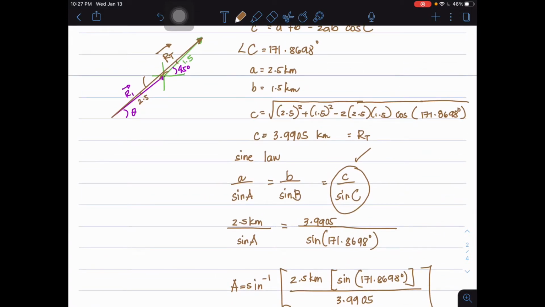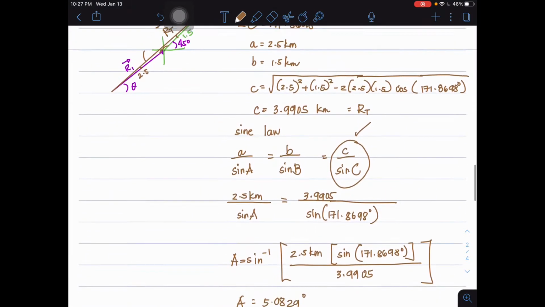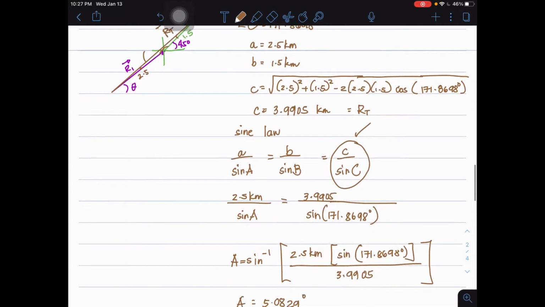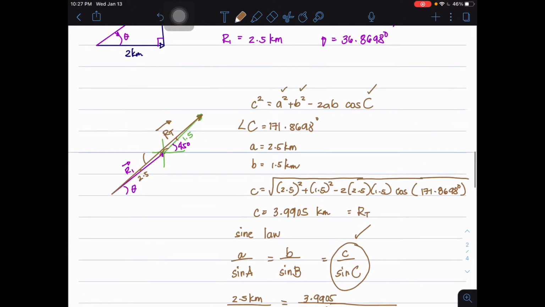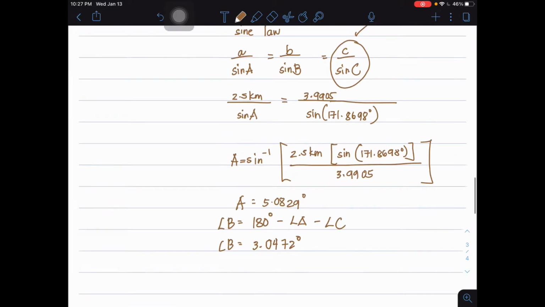This small one. And to get the direction of your total resultant vector, you just need to add 3.0472 to 36.8698.